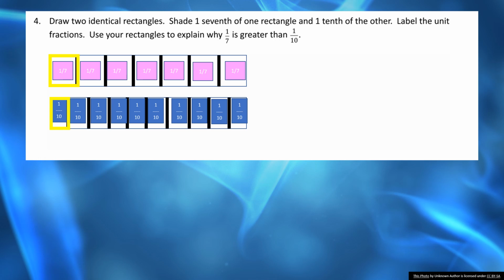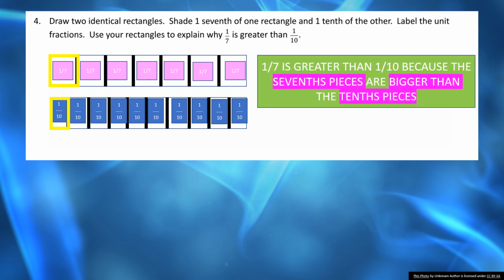You see that? So it says, use your rectangles to explain why 1/7 is greater than 1/10. Well, this is our explanation. After you draw everything out, this is your explanation. It says 1/7 is greater than 1/10 because the seventh pieces are bigger than the 10th pieces, and they truly are.